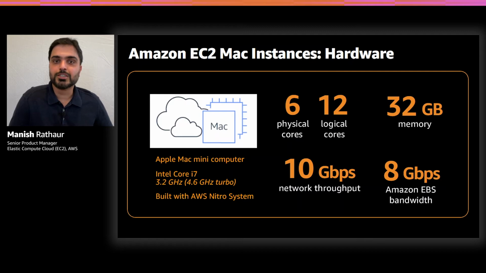Mac instances are uniquely enabled by the AWS Nitro system, which makes it possible to offer Mac Mini computers as fully integrated and managed EC2 instances. AWS Nitro system helps provide 10 gigabits of VPC network bandwidth and 8 gigabits of EBS storage bandwidth on Mac instances.